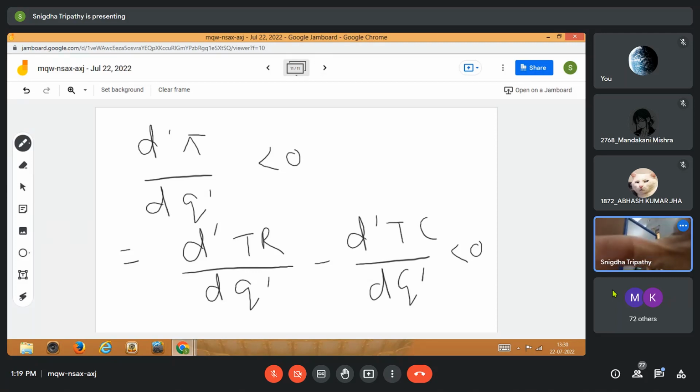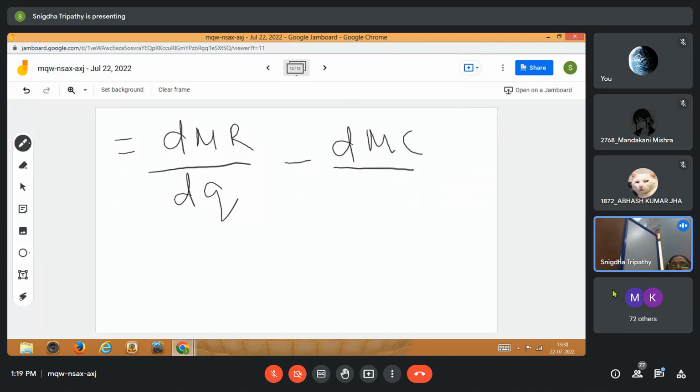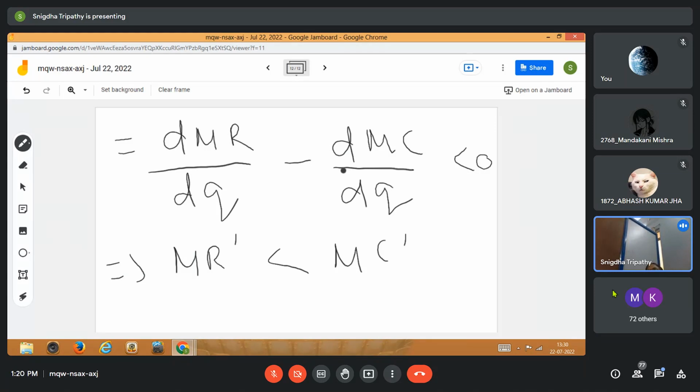What does it mean? If I differentiate the marginal revenue function with respect to sales minus the marginal cost function with respect to sales, it should be less than 0. This implies the slope of the marginal revenue function is less than the slope of the marginal cost function. Roughly it means that. Then only this value will be less than 0.